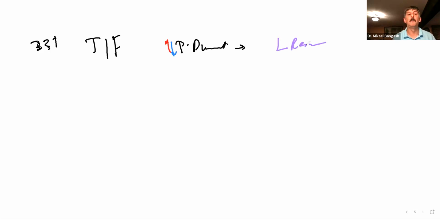No. Why? Because these two are not related. Clear? Whether it's a greater pulse duration or a shorter pulse duration, it is not going to cause any effect on your lateral resolution.